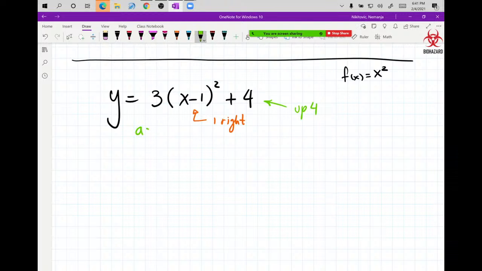But this a is positive. Let's use a different color here. a is larger than 0, so I know it opens up. Cool!